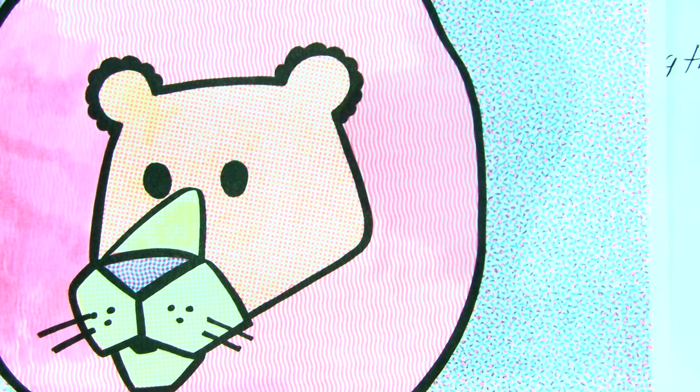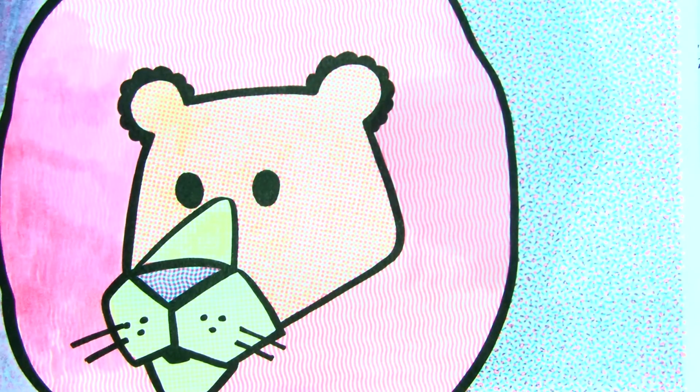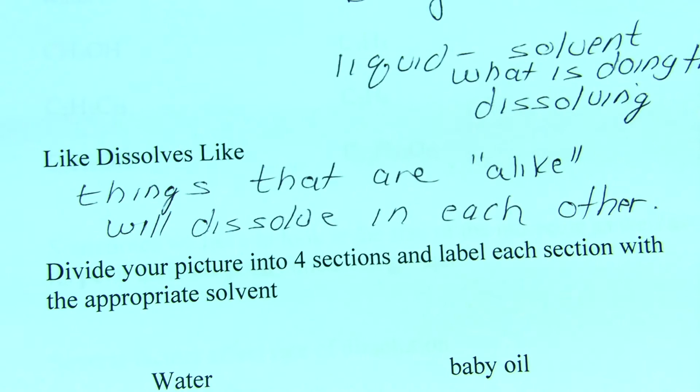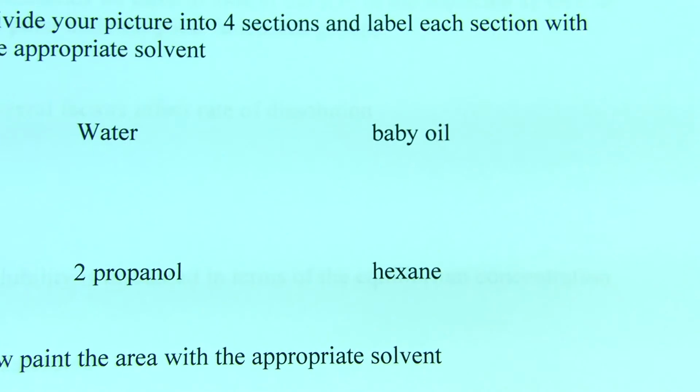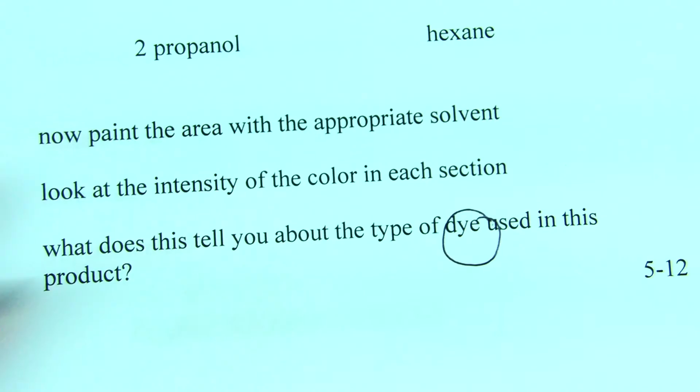What does that tell you about the type of dye that's used in this product based on the polarity of the solvents that we were painting with? It's what? Polar, right? So it tells us that the dye is some kind of polar material.